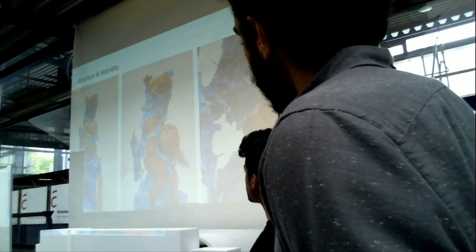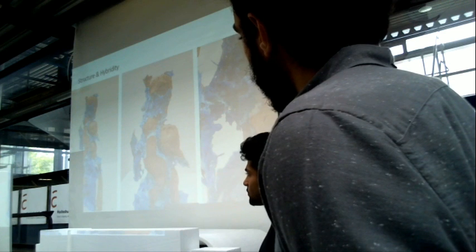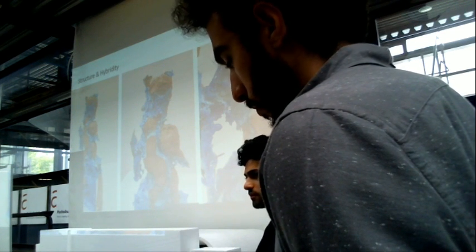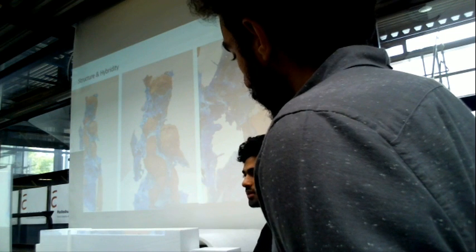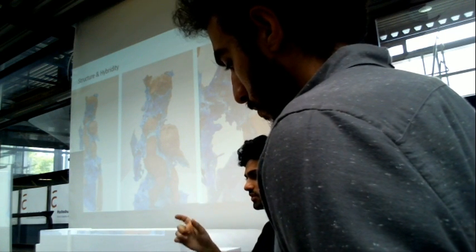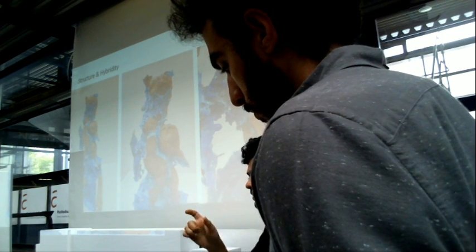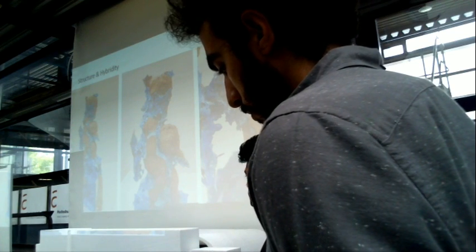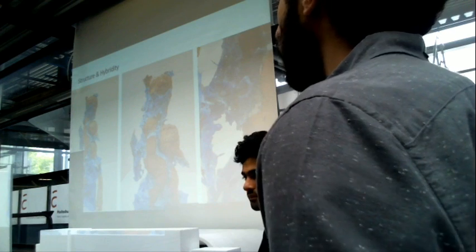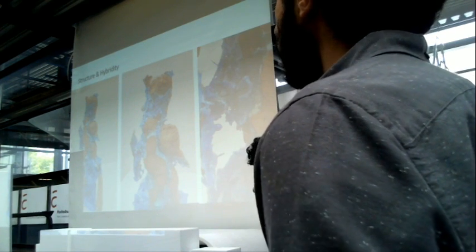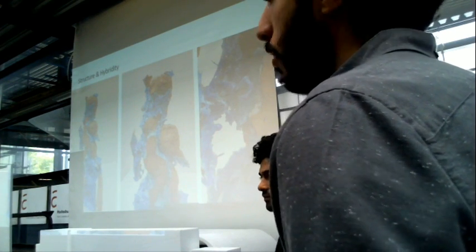And for the last one we did, it's a vertical one. It has a non-linear shape. We just wanted to experiment with the relationship between the concrete and the foam visually and structurally.